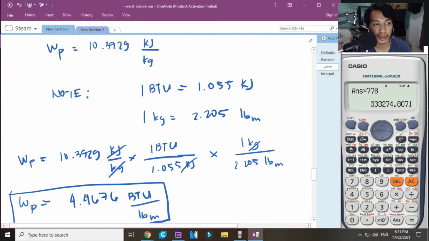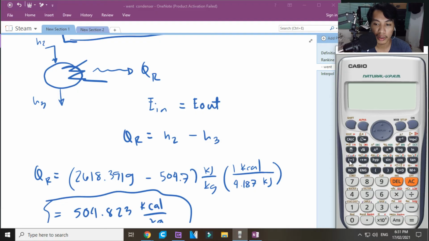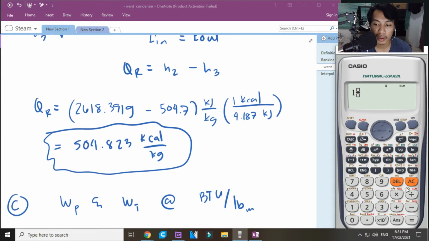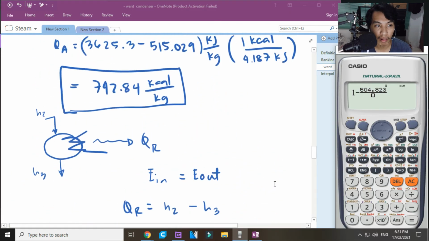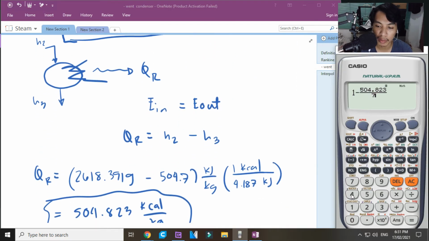1 minus, ano yung QA natin? QA minus QR. So, 1 minus QR over QA. QR is 504.823. Tapos QA is 742.84.